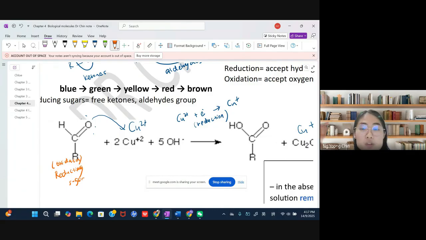So this copper 2 plus undergoes reduction and becomes copper plus, and this reducing sugar undergoes oxidation. So now they become like this.